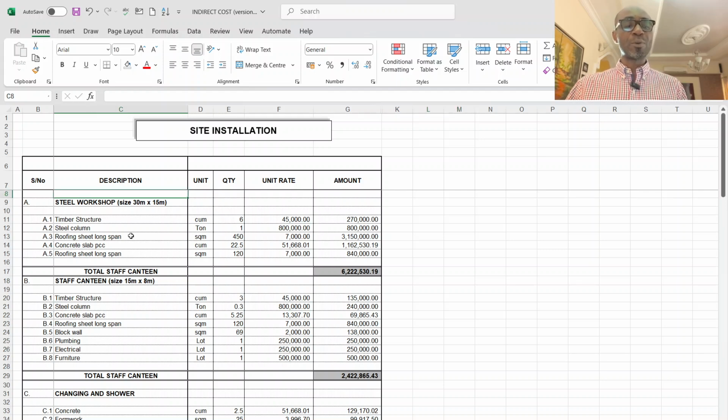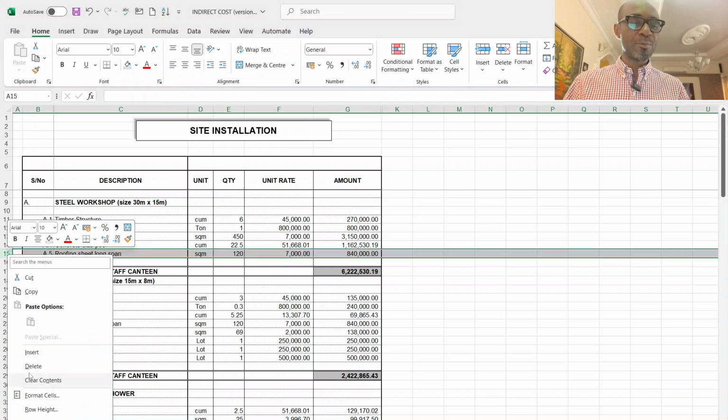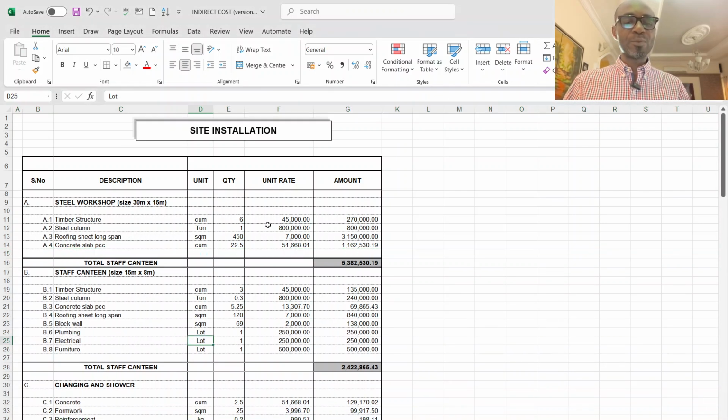Like for the steel workshop, I have a timber structure. I have steel columns that will receive the timber structure and the roof covering, the slab under. You have the roof sheet long span, appearing in 2 areas. So this is the cost for the steel workshop.